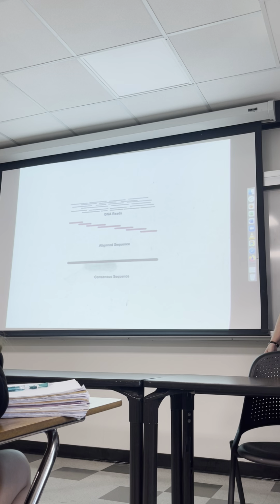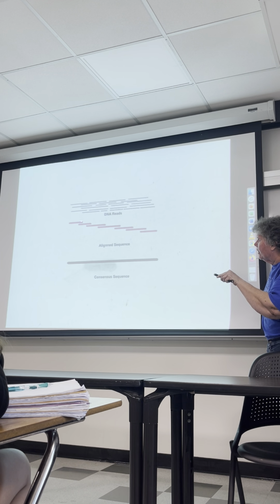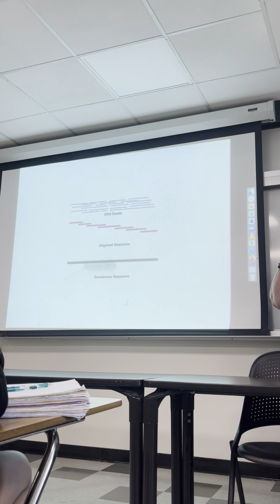They'd sequence part of the chromosome, and then design a primer. It was taking time because they'd have to wait a day for the new primer to come in, and they'd make a primer that would bind, say, right here, and extend the sequence. Then they'd make a new primer and extend the sequence again. So it took a long time to come up with the human genome sequence using this methodology.